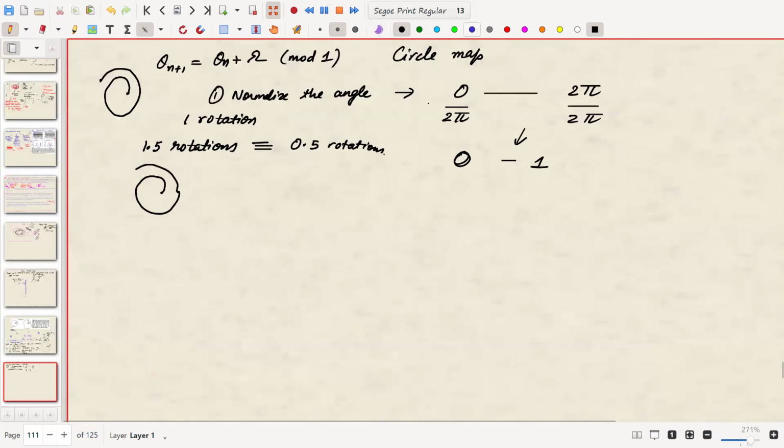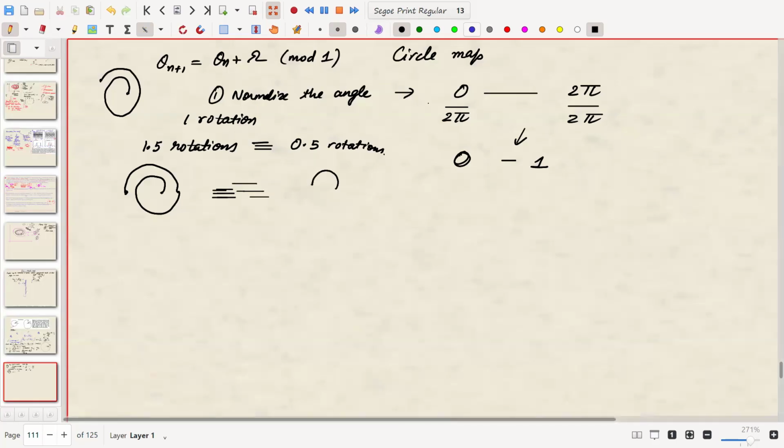Let us do 1 more, a half rotation. Now, instead of treating it as 1.5 rotation, why not we just think that it is similar to this one? Do you agree?